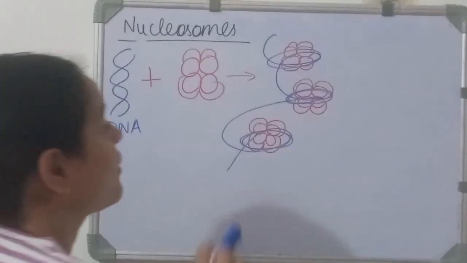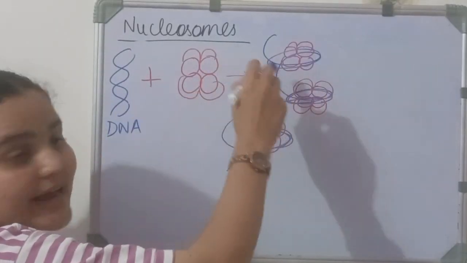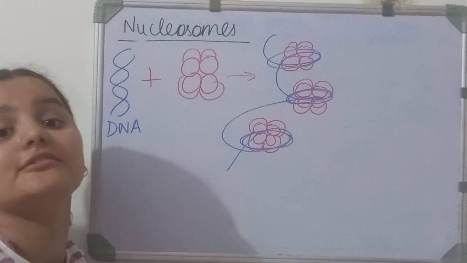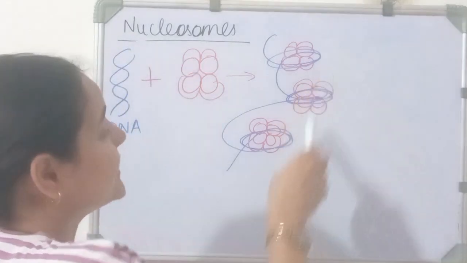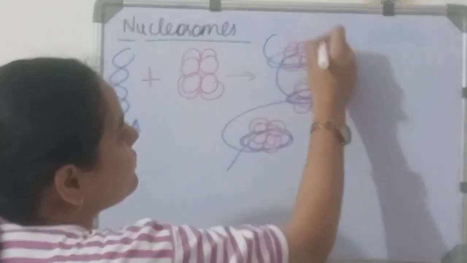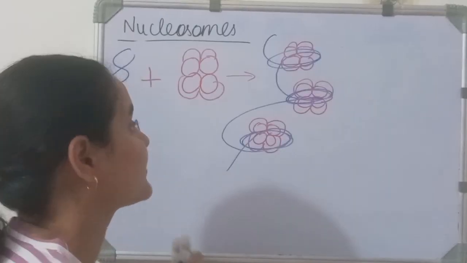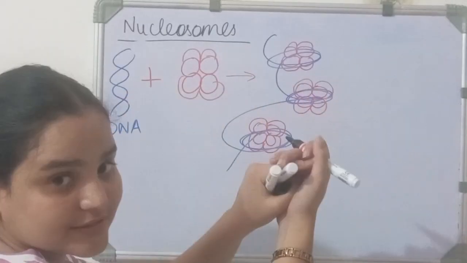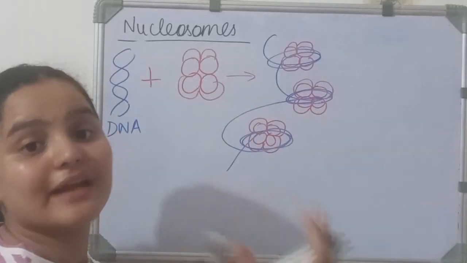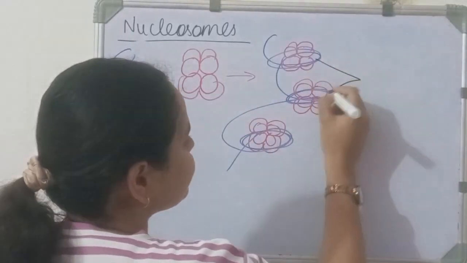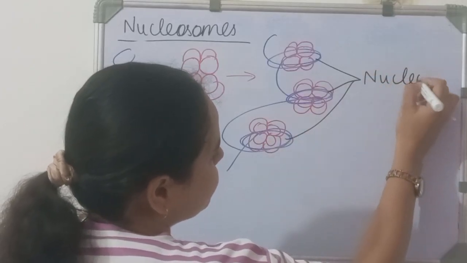Whatever structure we get after this DNA is wrapped around the histone octamer is called a nucleosome. So here we can see 3 nucleosomes. This is one nucleosome, this is another and this is another. So what is a nucleosome? The histone, and the DNA which is wrapped on it. Both together are known as nucleosomes.